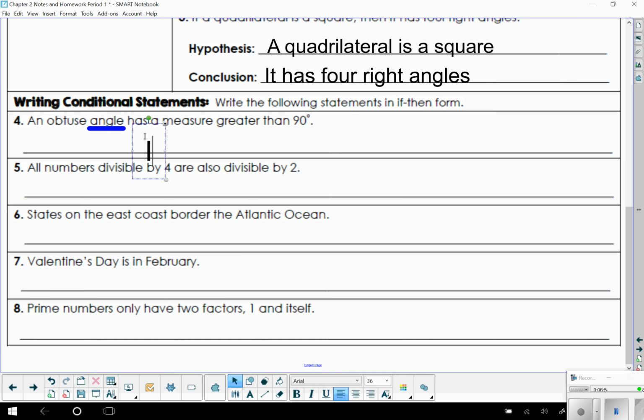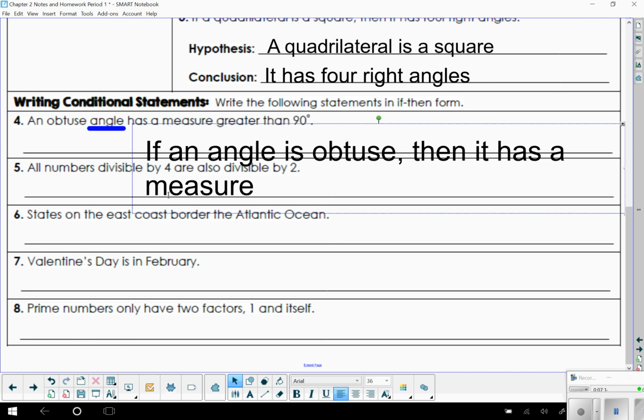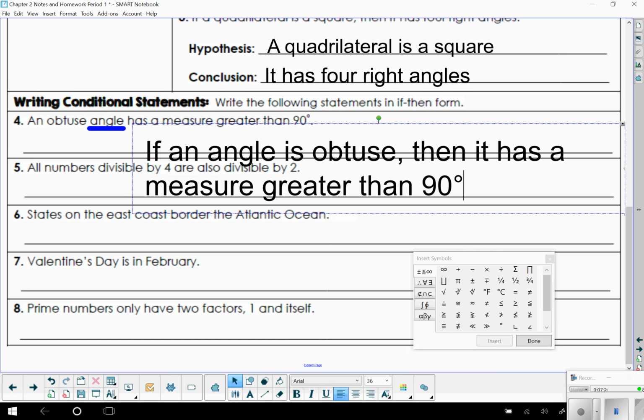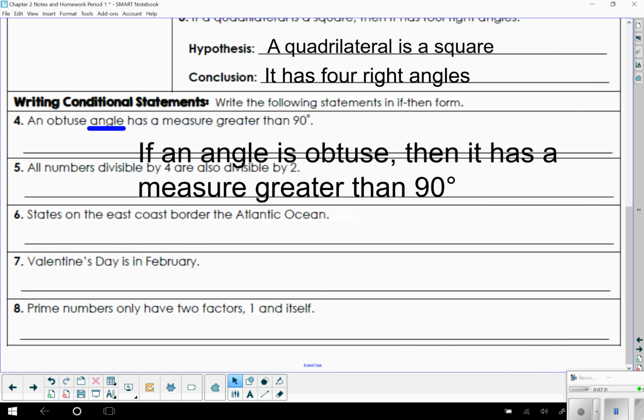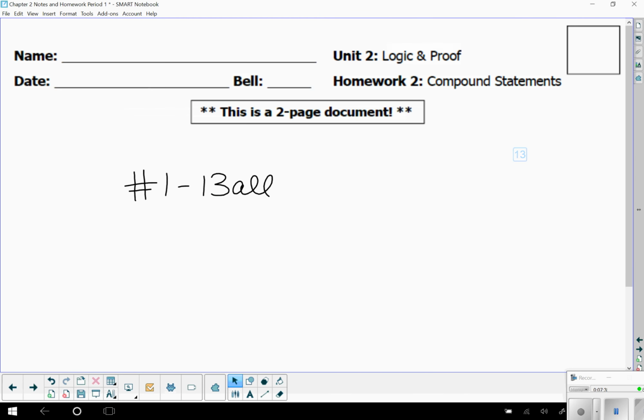So if an angle, you got to state the object first, is obtuse, then there's your reference to the object, it has a measure greater than 90 degrees. What the heck?